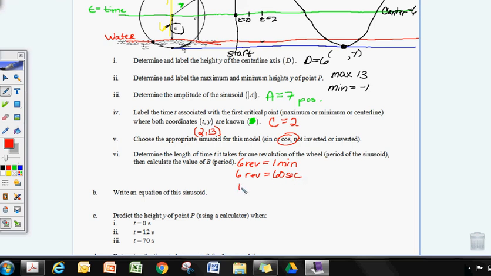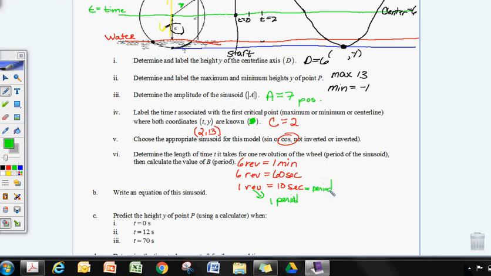So that means 1 revolution in 10 seconds. And 1 revolution is the same as 1 period. So guess what? This tells me my period is 10 seconds.